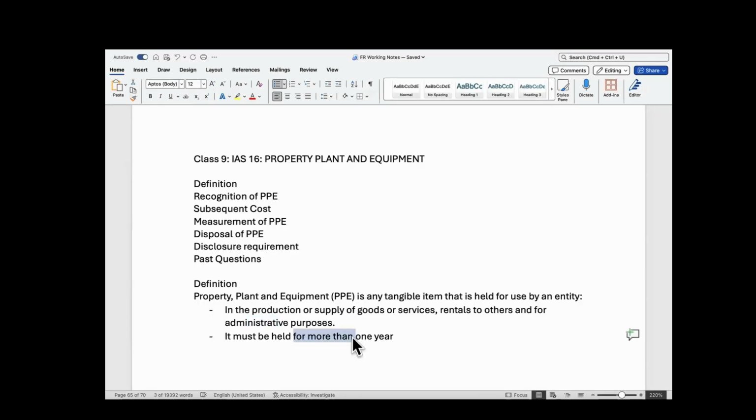That goes to show that if you are not holding it for more than 1 year, it cannot be PPE. In that case, that means you're probably going to expense it. You cannot even capitalize that in the first place. That would not even be an asset in the first place, because PPE is an asset.